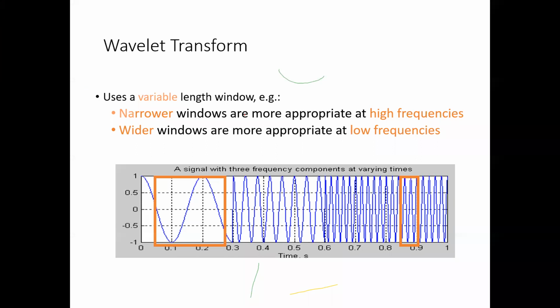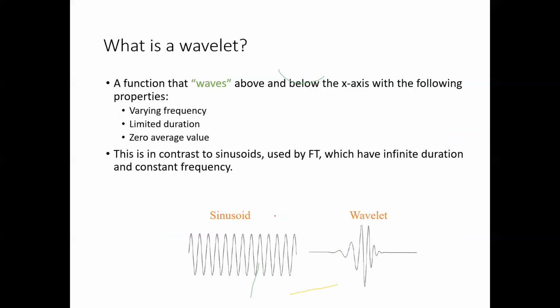Why do we require variable length windows? Just now we discussed that narrower windows are more appropriate at higher frequencies, and wider windows at low frequencies. A signal with 3 frequency components at varying times is shown in this plot. So what is a wavelet? A function that waves about and below the x-axis with the following properties: varying frequency, limited duration, and 0 average value.